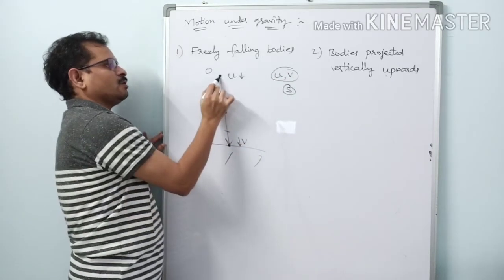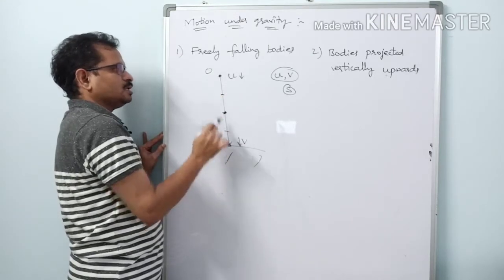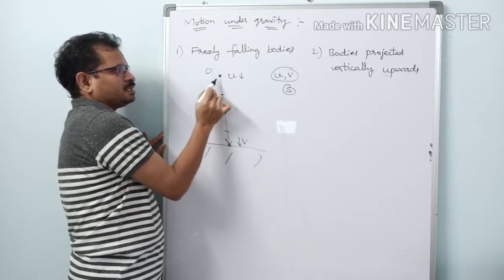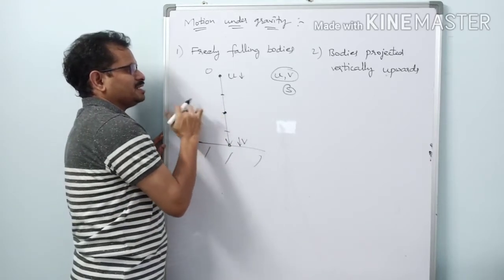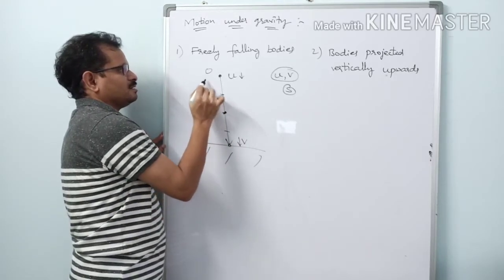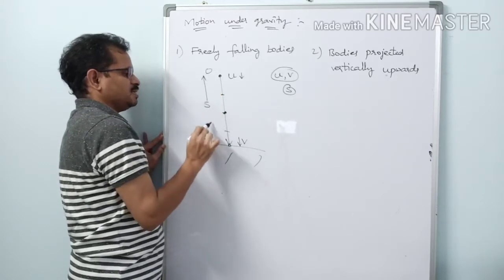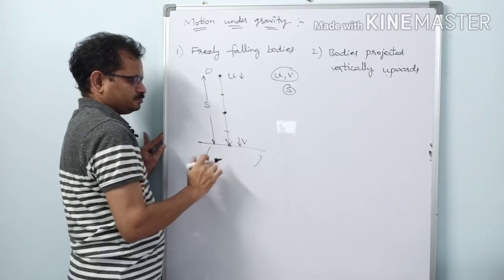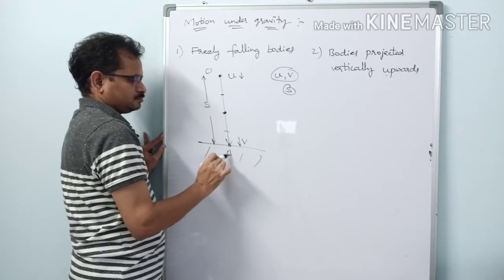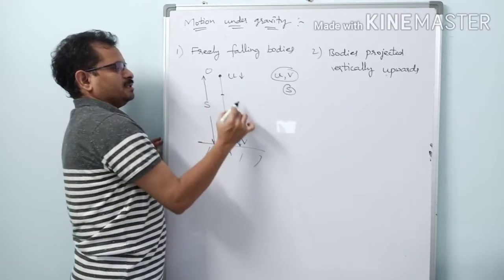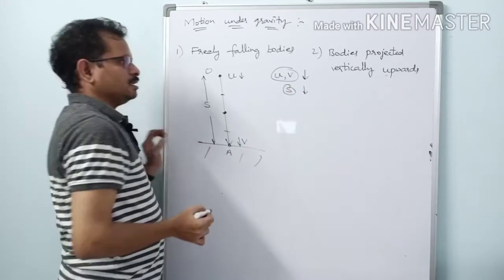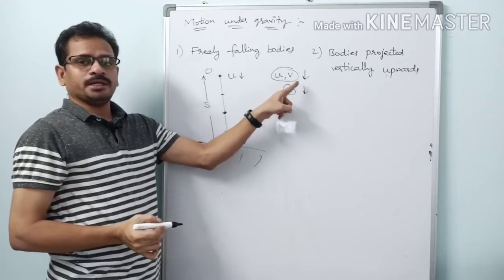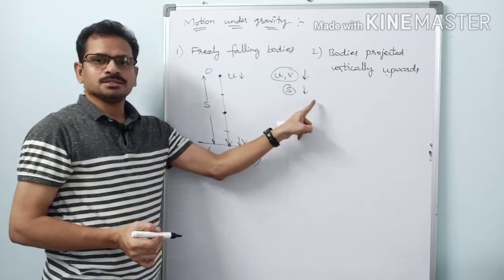This is the initial point, this is the final point, so the displacement is along this straight line, from O to the final point. Displacement is also in the downward direction. Initial velocity and final velocity are in downward directions, and displacement is also downward.